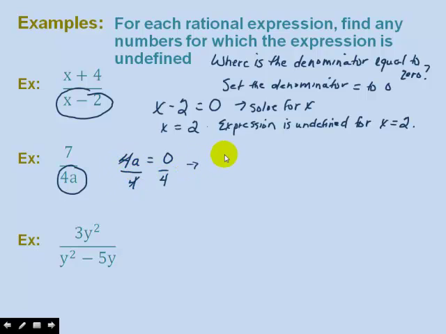Here the 4's end up canceling, so we have a equals 0 over 4, and again here, since we have a 0 on the top, that just gives us 0. So the solution for our equation is a equals 0, and that means that this expression is undefined when a is equal to 0.